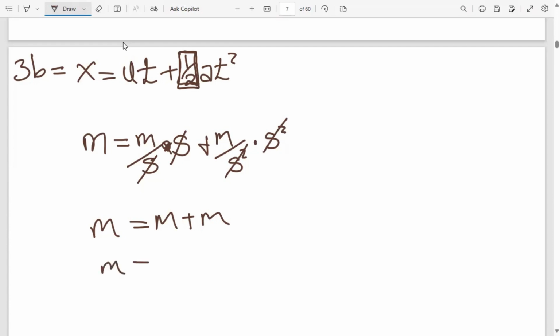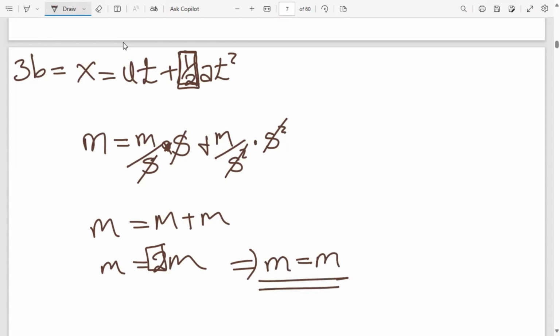You are going to get M is equal to 2M. But since in dimension analysis, we don't deal with the coefficients, but rather the variables, which is only the units of measurements and not the constants, you can see we are going to remain with exactly M is equal to M. And that is dimensionally consistent on both the left and right-hand side of the equation. Hence, this is correct.